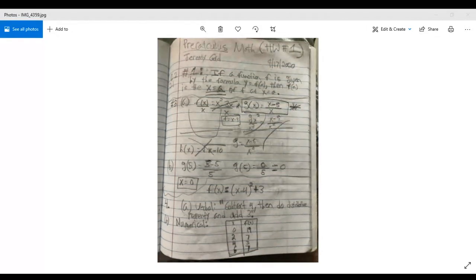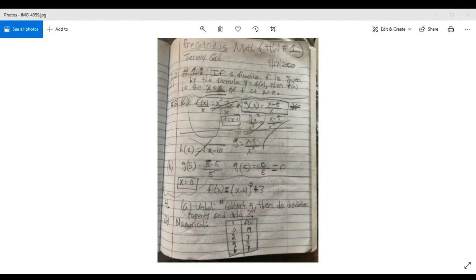Can we see? Okay. Subtract 4. Let me try. Square. Oh, this is a little bit difficult. Square. Subtract 4 from the variable, then square it.